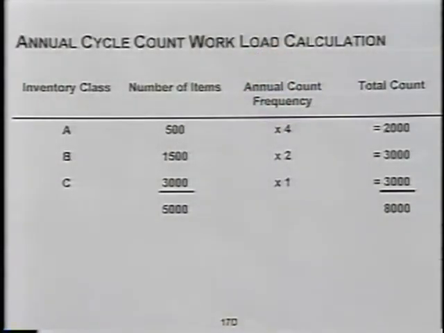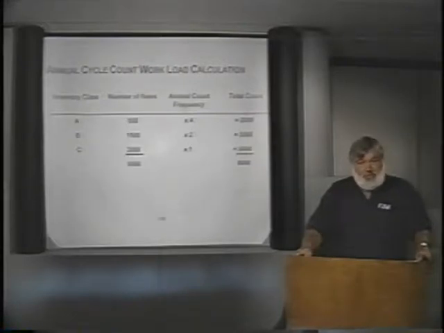Now, on 17D, I'm going to show you how the volume of cycle counting is developed. I have on the left-hand column the A, B, C items. The second column from the left indicates the number of part numbers that are represented by the ABC codes, 500 A's, 1,500 B's, and 3,000 C's, or a total of 5,000 part numbers in this storeroom.